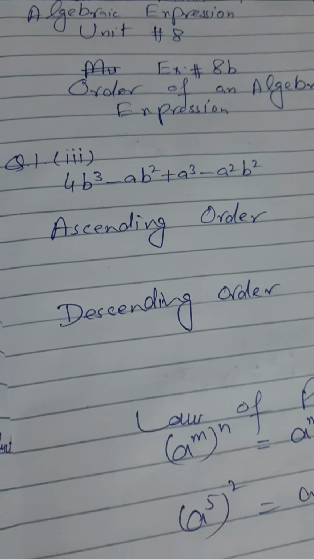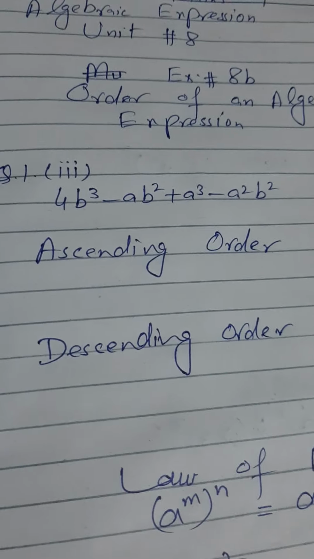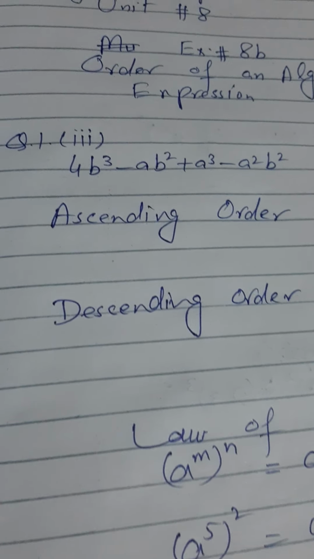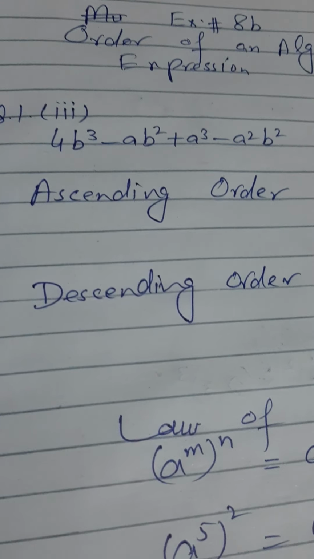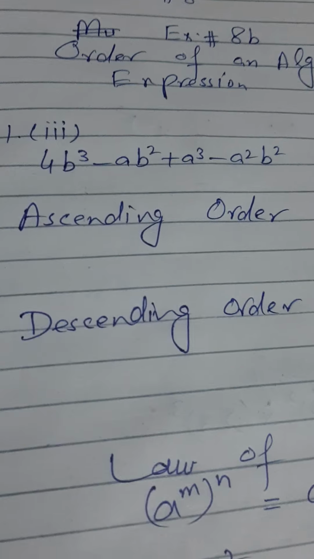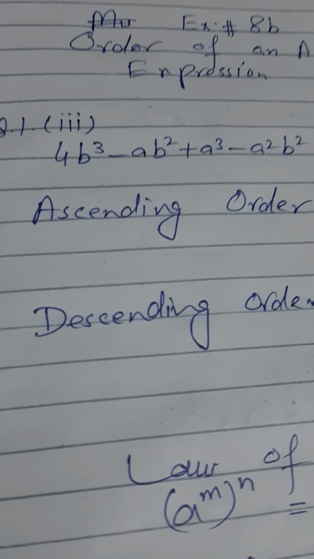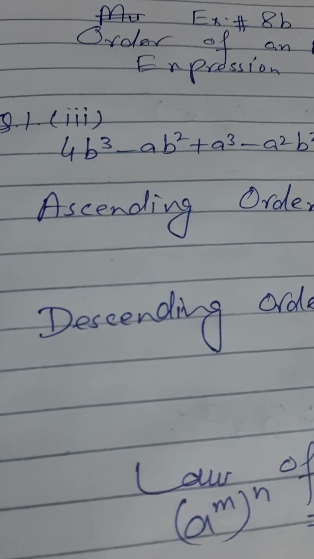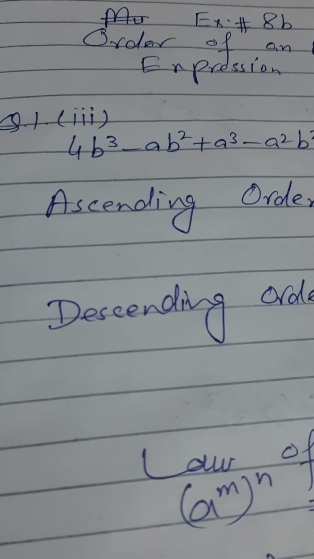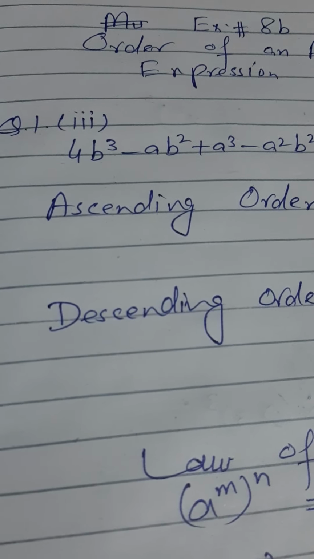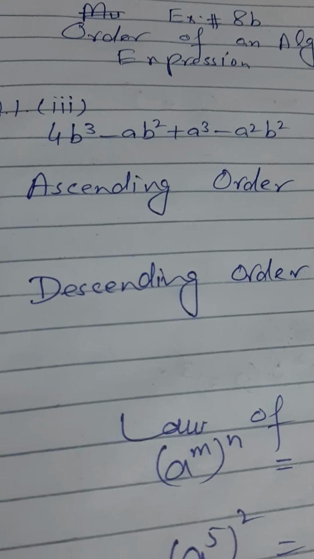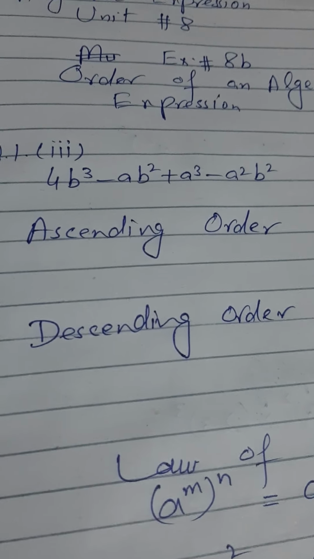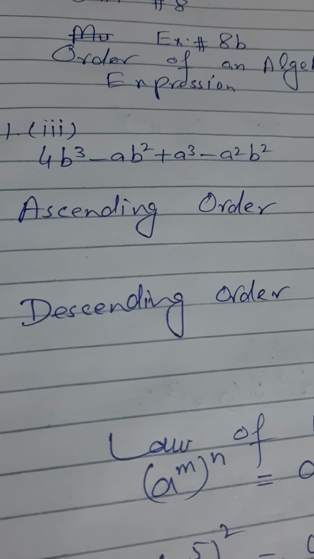In ascending order, you know that we go from smaller to greater. In common arithmetic we use simple numbers. If we want to arrange 10, 11 and 12, we write 10 first. But when we are arranging algebraic expressions, we have to arrange according to the exponent of the variable.